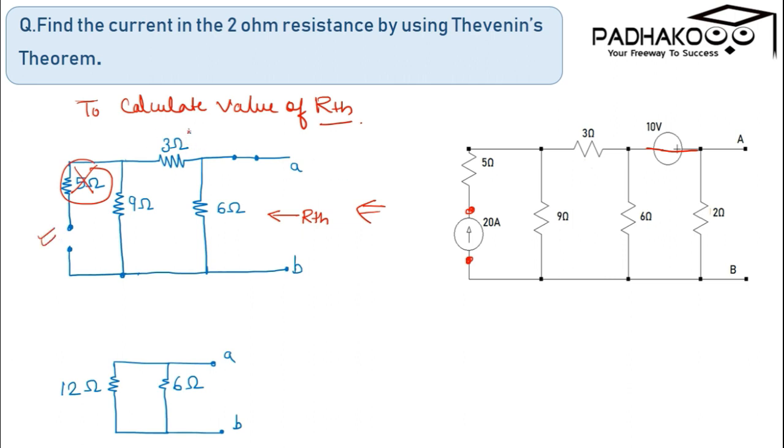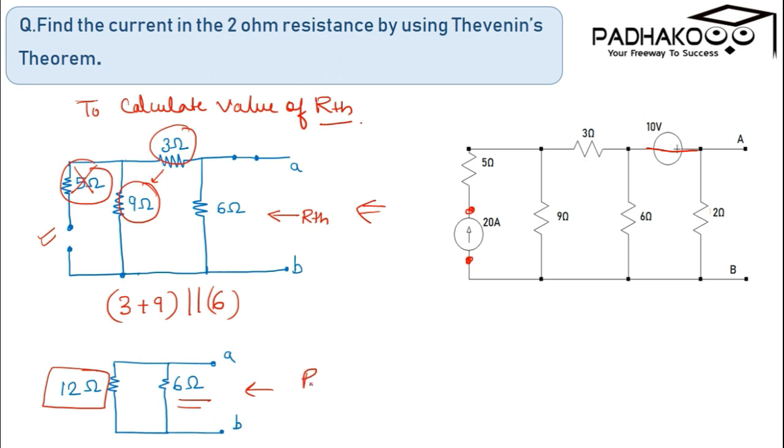Now, the 3 ohm resistance and 9 ohm resistance are in series, in parallel to the 6 ohm resistance. So 9 plus 3 equals 12 ohm in parallel to 6 ohm. So RTH or R equivalent can be written as 12 into 6 over 12 plus 6, which is equal to 4 ohm.